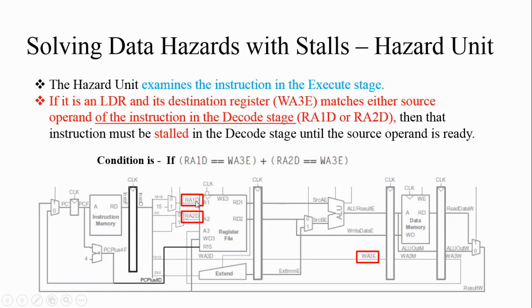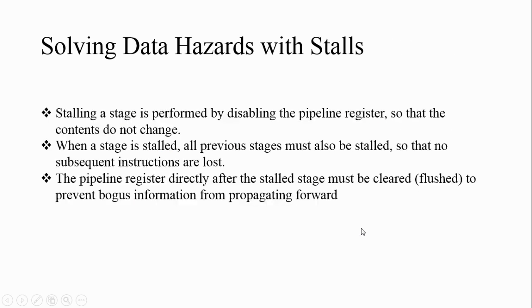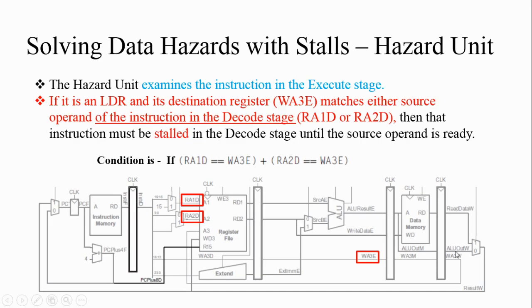You are checking whether RA1D is equal to this or RA2D is equal to this, and this is taken for the decode stage of the second instruction. That you should keep in mind. If these are equal, a pipeline hazard will take place, so you need to perform the stalling operation.